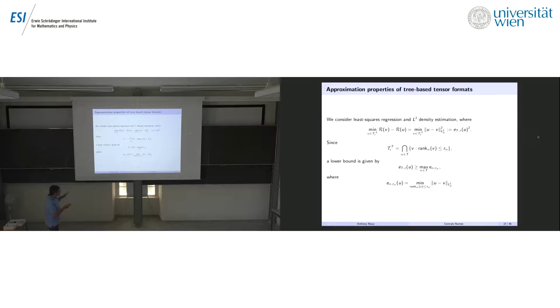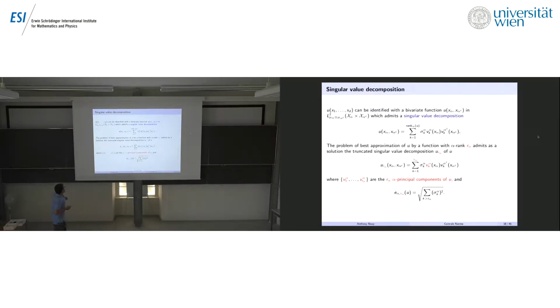So, first, before going to the upper bound, let's try to give some information on this. For that, there is a very standard tool, which is singular value decomposition. A multivariate function in L2 can be identified with a bivariate function of two groups of variables, in L2 of a product of two sets.